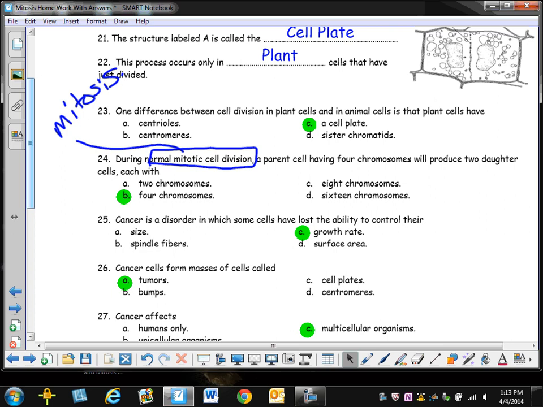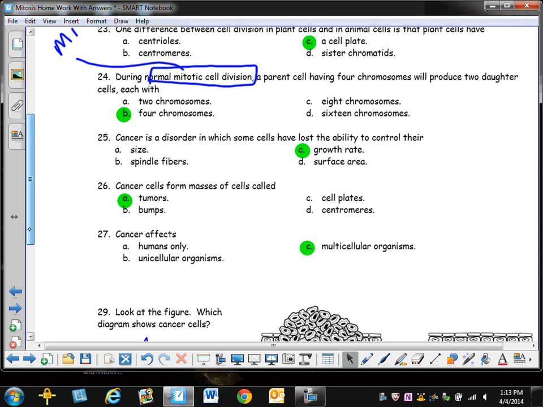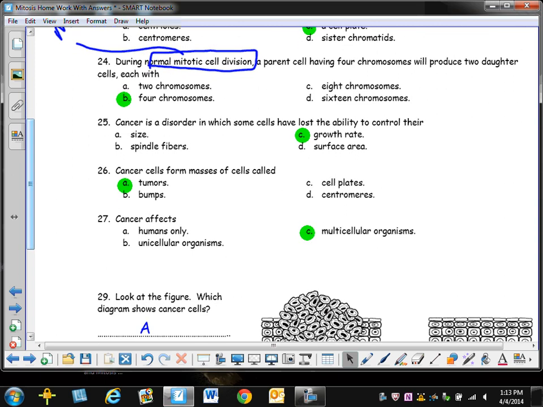And that's what we talked about last class. Cancer is a disorder in which some cells have lost their ability to control their growth rate. Cancer cells form masses of cells called tumors. Cancer affects only multicellular organisms.